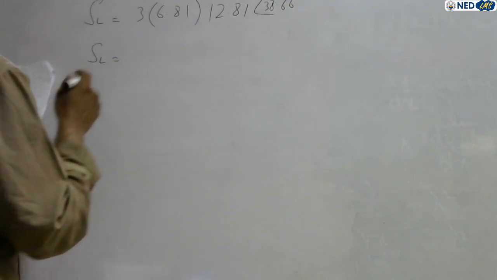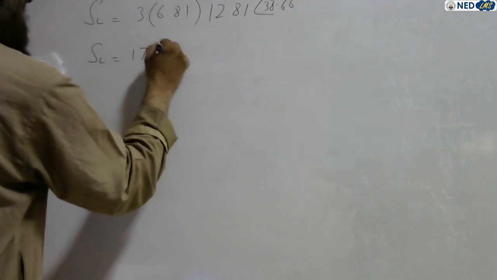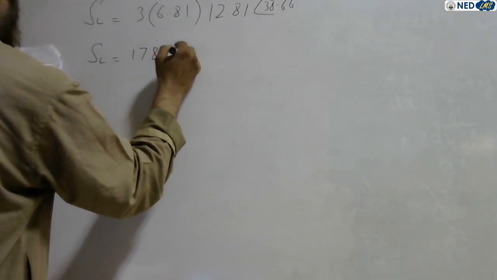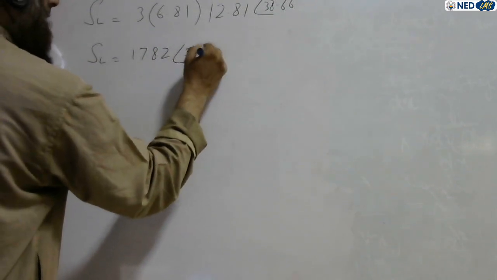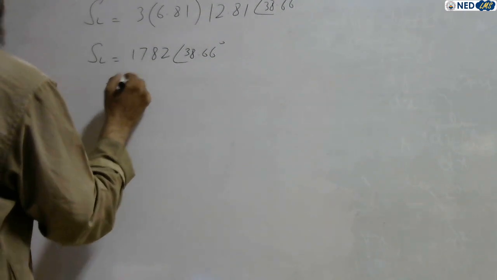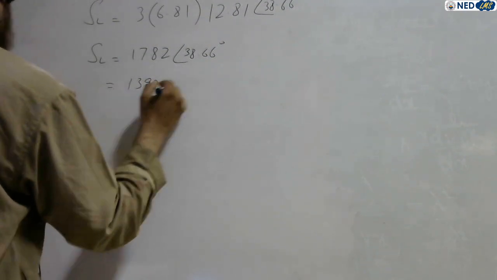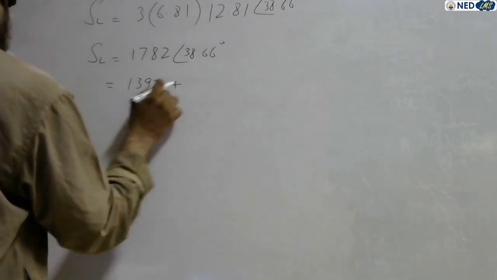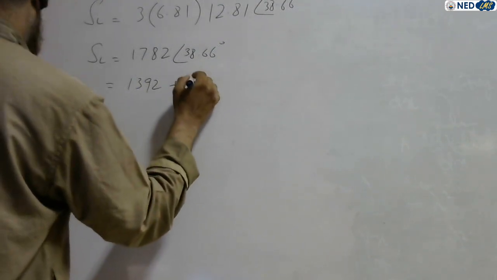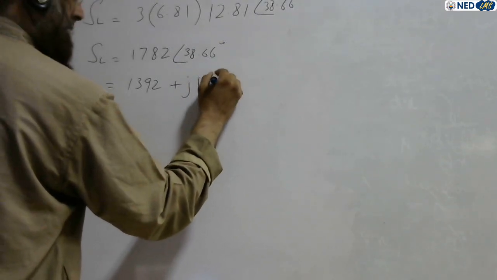So your power absorbed becomes 1782 at 38.66 degrees. And if you convert it into rectangular form, you get 1392, the active power, plus j1113, the reactive power.